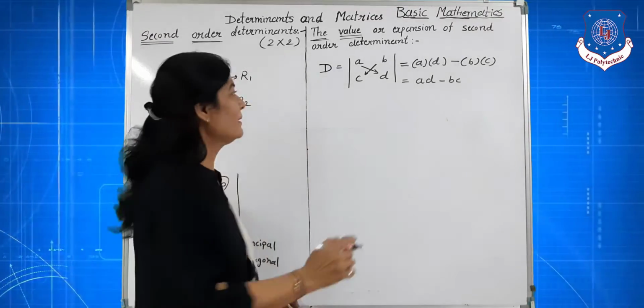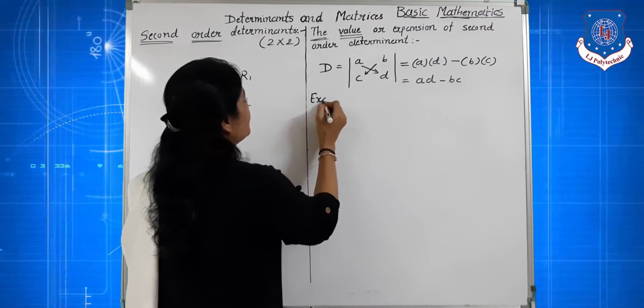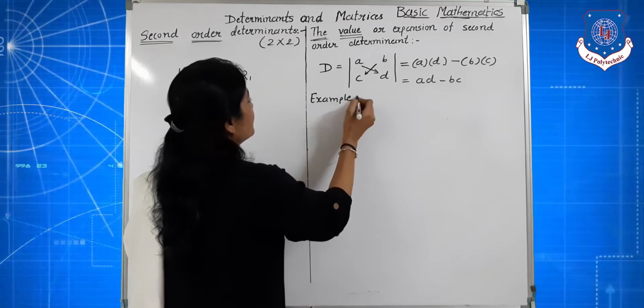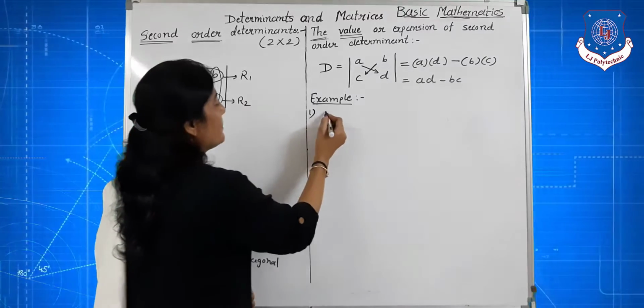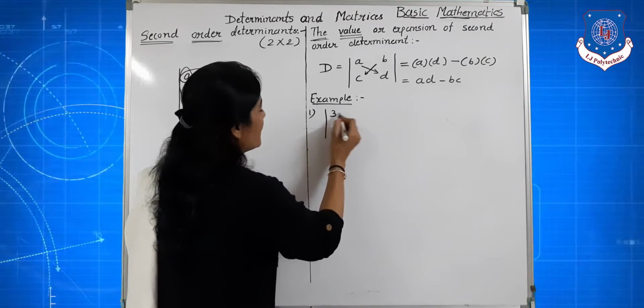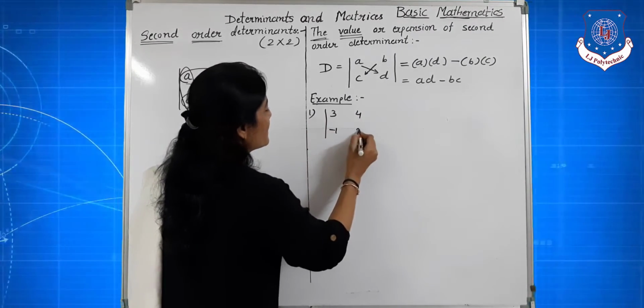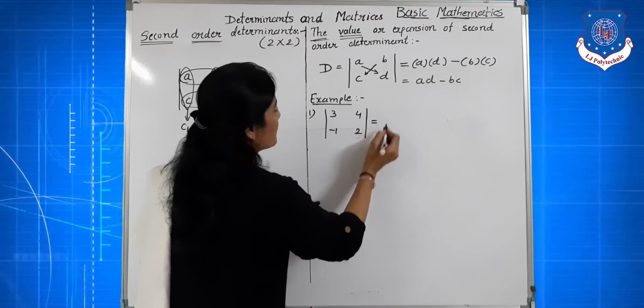Now example 1, value of determinant 3, 4, minus 1, 2 equal to.